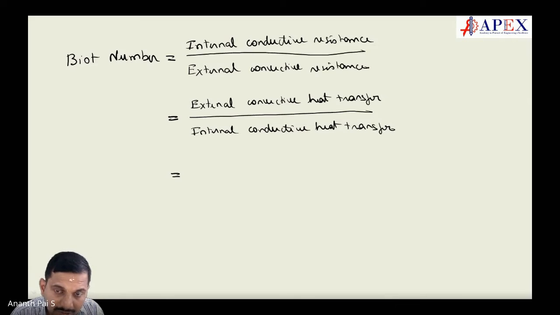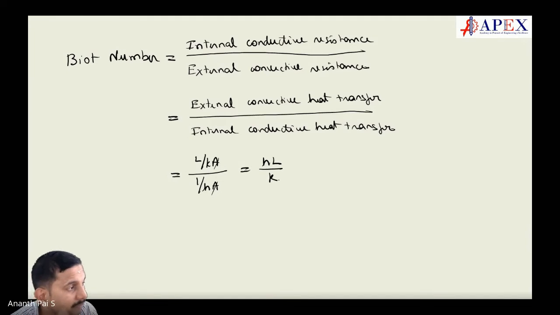Internal conductive heat transfer resistance can be written as L by K A, divided by, I can say, 1 by H A. A can cancel because it represents the same A in conduction. Agree? So this can be equal to HL by K.